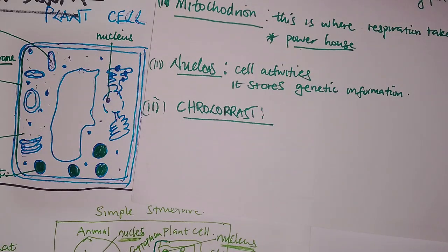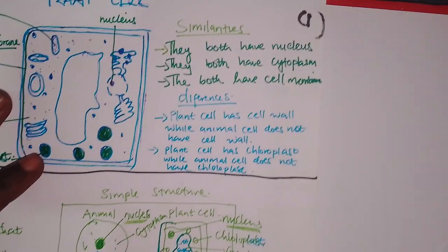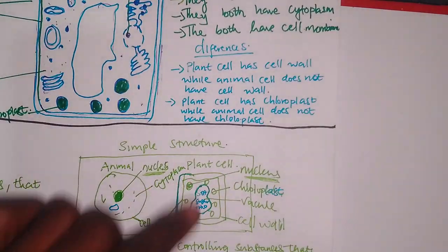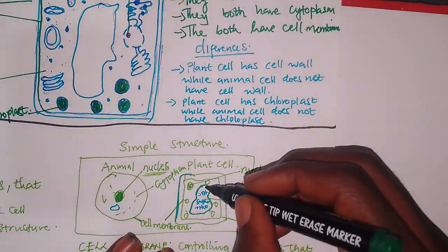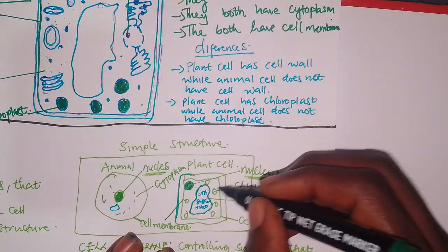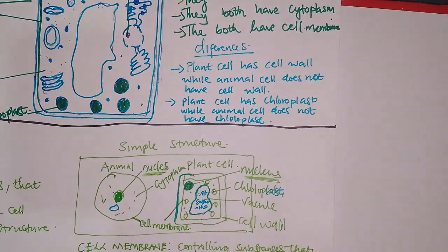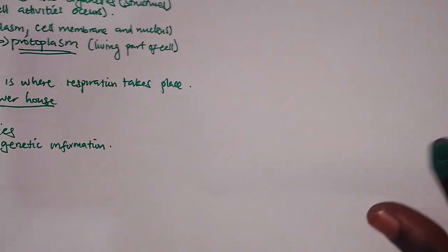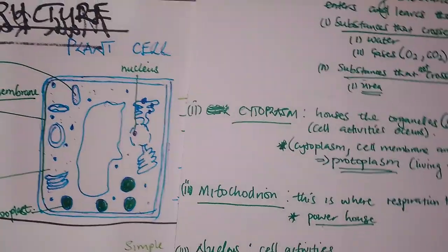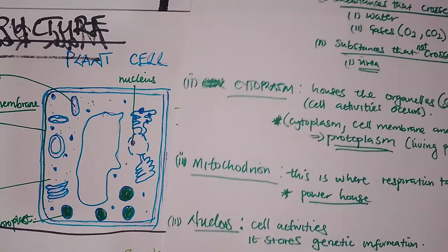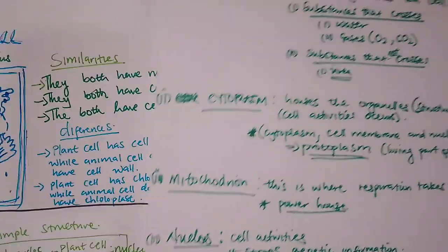Then when you look at a simple structure, you can see that these things, so you have to differentiate them from the nucleus, are what are known as chloroplasts. So now you have seen what chloroplast looks like. We are going to look at the function of chloroplast.